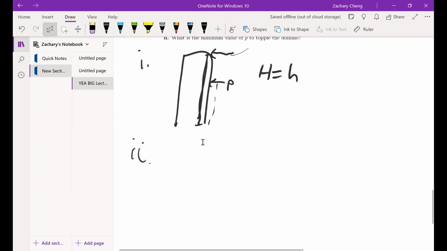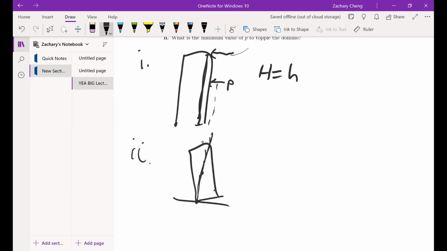So as I mentioned before, the domino will pivot around this left edge here. And the moment it begins to fall is when the center of mass passes across this line. So if we draw a vertical line from the pivot point here, then it should pass the center of mass and this other corner.